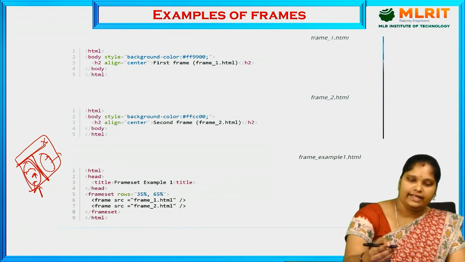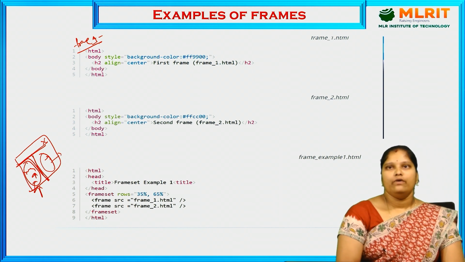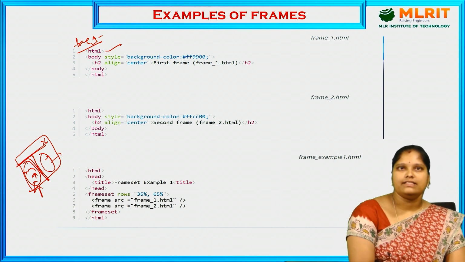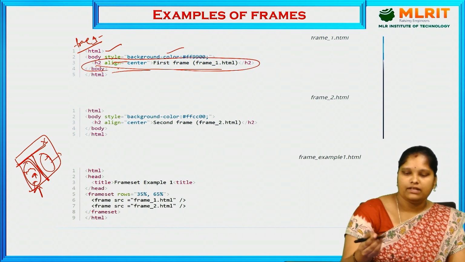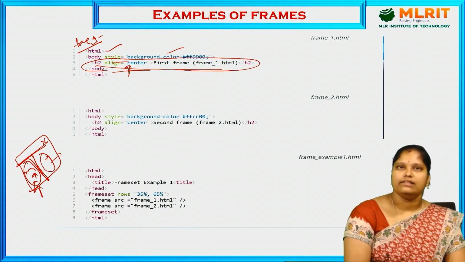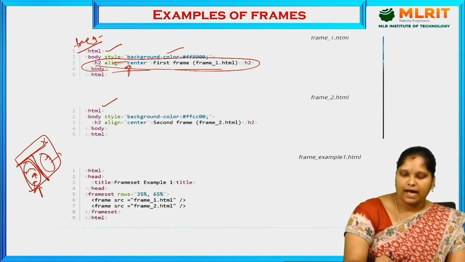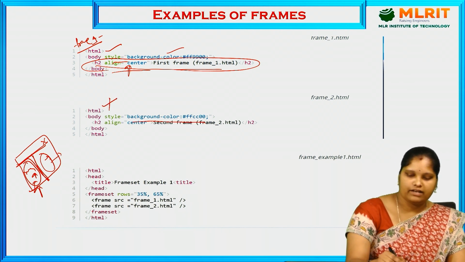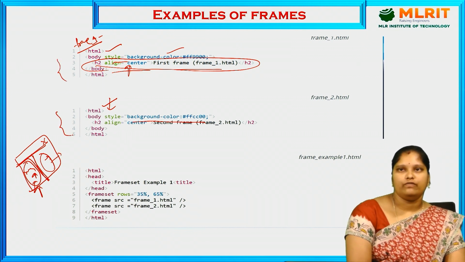Frame 1 is the first HTML page. It contains a centered heading with a background color. Frame 2 is the second page, with its own background color and heading. These are the sample pages for two frames.